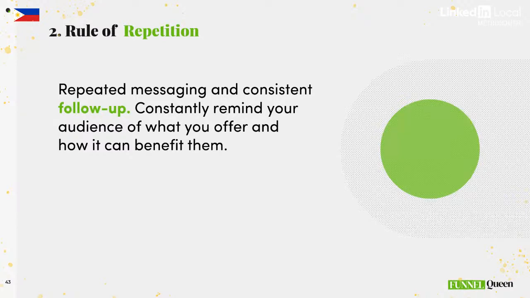Not everyone will convert when they first see your offer. So as they say, it takes like 7 to 12 touch points before someone can convert. So it's super important that you follow up and send them repeated messaging. And that's the rule of repetition. Okay?